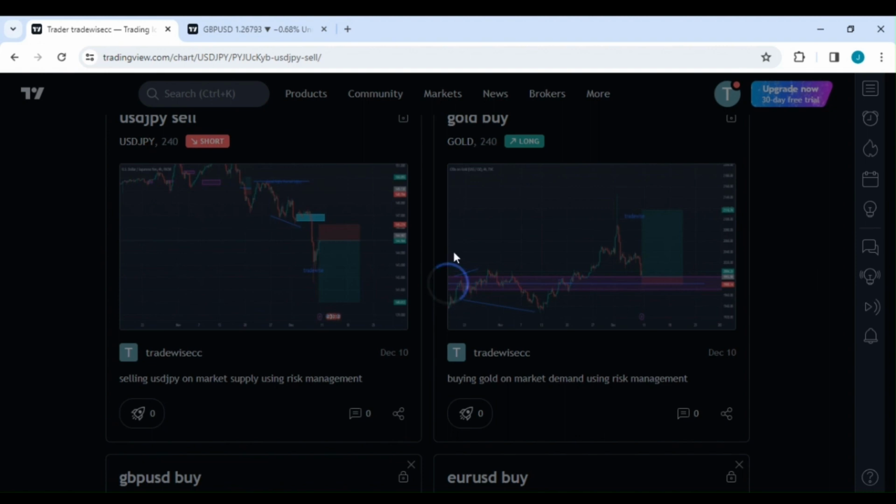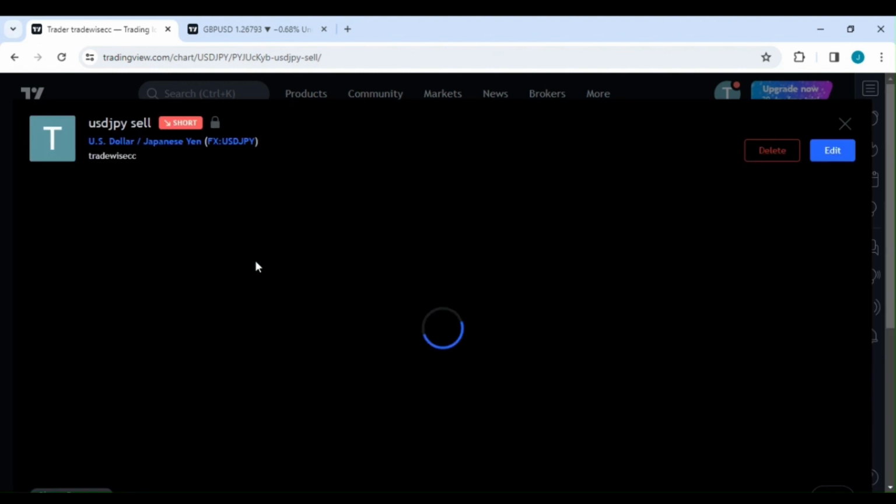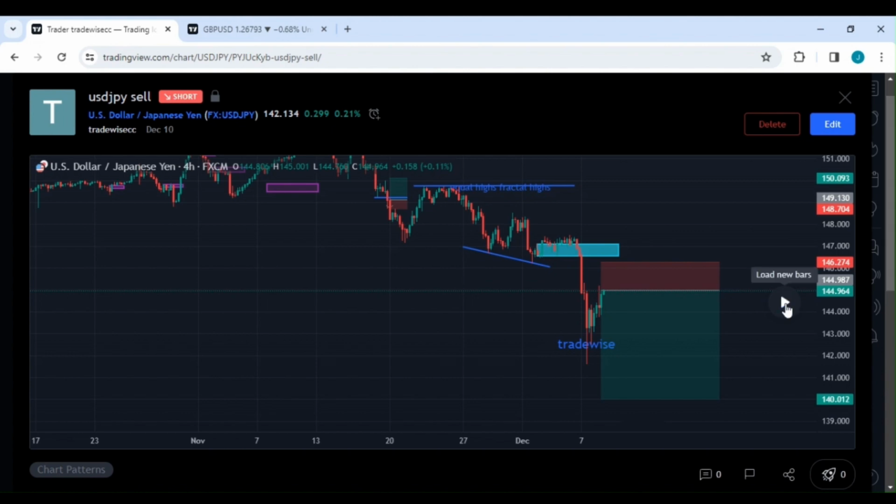We're going to see how our trades did on the H4 time frame. Right now I'm just struggling with opening this, the internet connection is not the best at the moment.